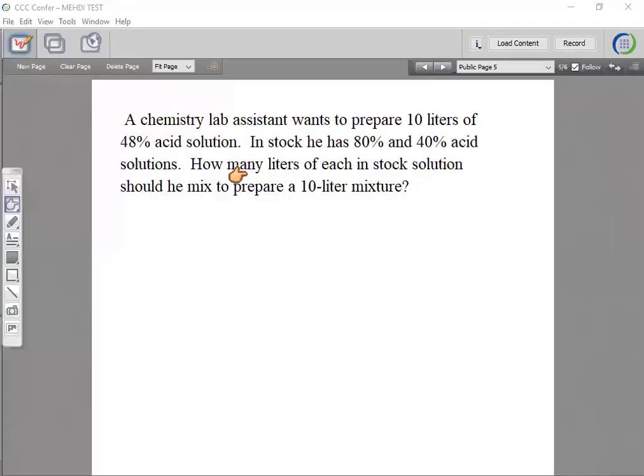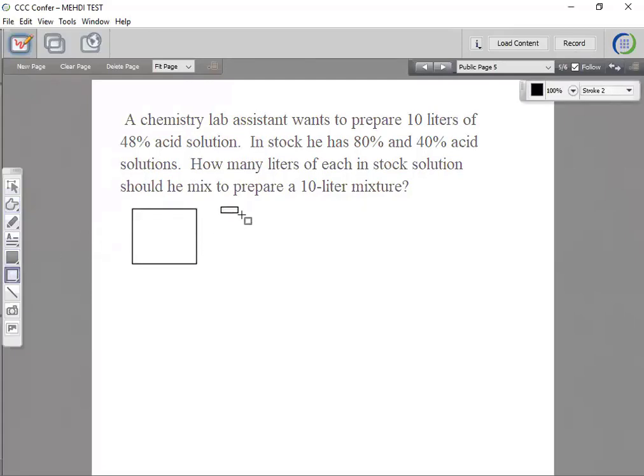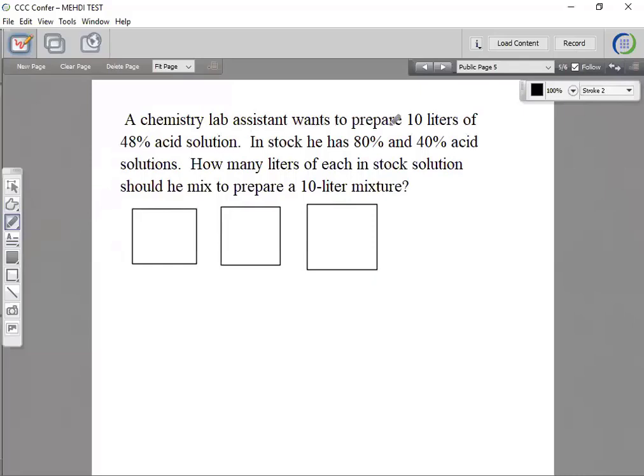Okay, so this is the mixture problem. When you deal with a mixture problem, it's a good idea to use these figures here. Here it says the chemistry lab assistant wants to prepare 10 liters of 48% acid solution. So this is what we want ultimately. This would be 10 liters. I'm going to label this 48%.